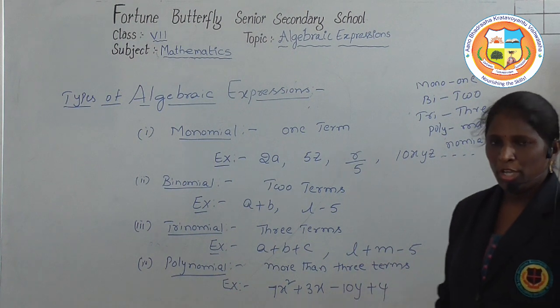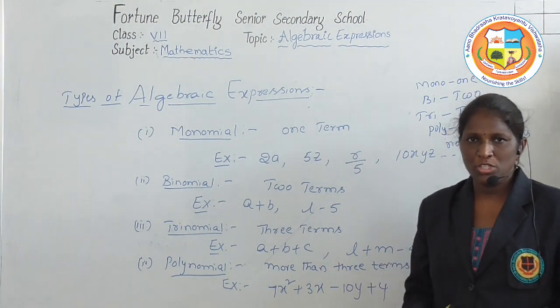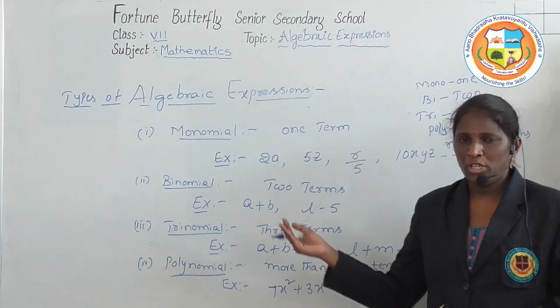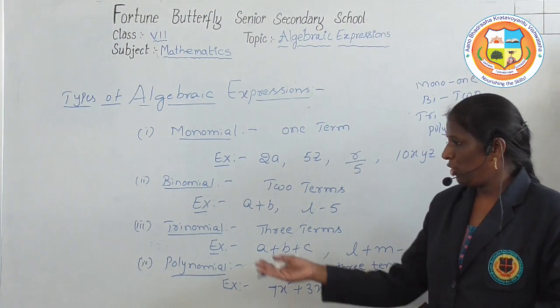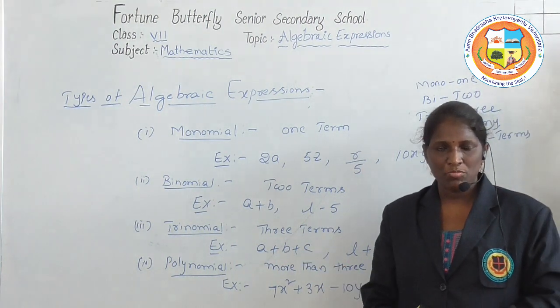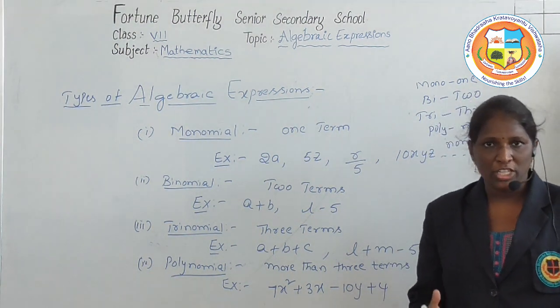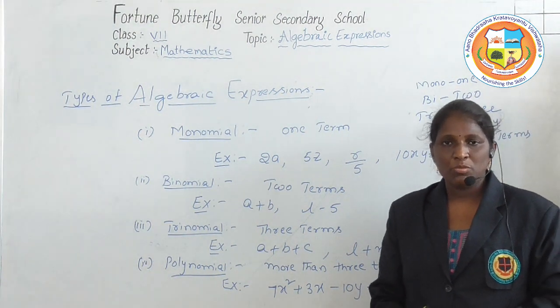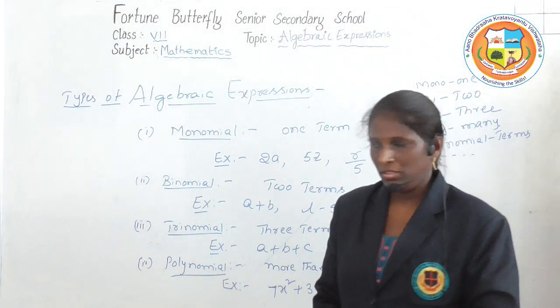Mono means only one term is called a monomial. Binomial means an expression containing two terms. Trinomial means three terms. Polynomial means many, more than three terms.